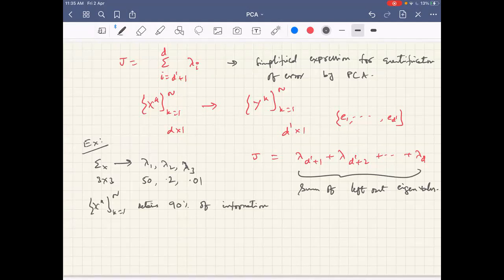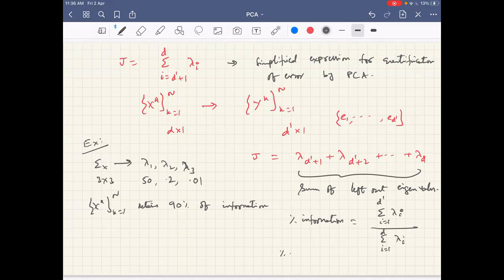See, how do we quantify the percentage of information that is retained? Since the error is given by the left out eigenvalues, the percentage of retained information is given by the eigenvalues that are considered for projection. The ratio of the considered eigenvalues to the total eigenvalues will give us the percentage of information.